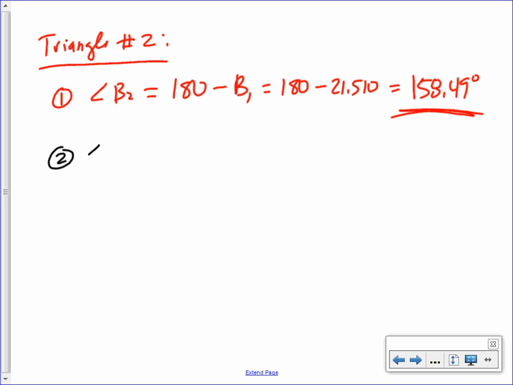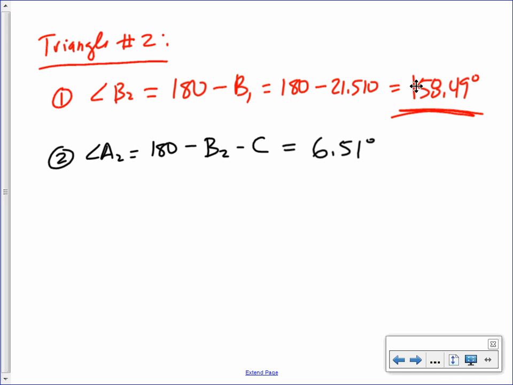So angle A2 is 180 minus B2 minus C. C is stuck. If you subtract all of that, you would get angle A2 to be 6.51 degrees. Again, pause, check, make sure I'm good.